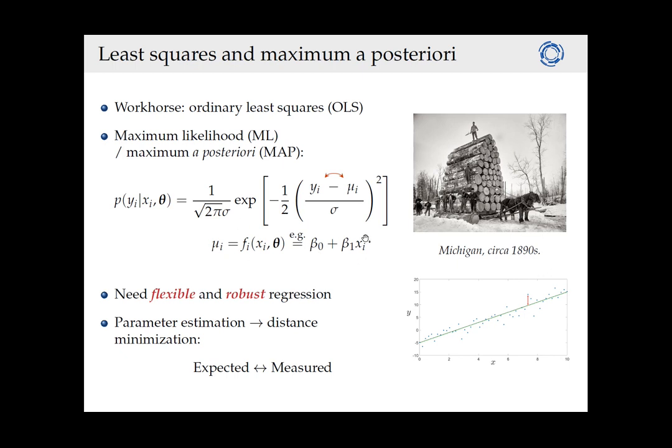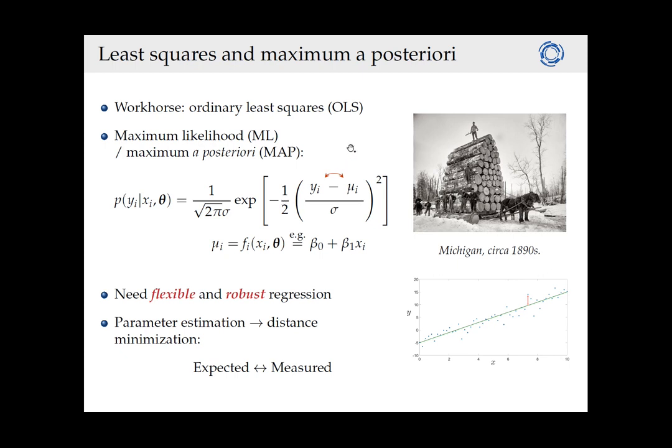This is an example of a very simple linear regression model with one predictor variable and one response variable, and you assume that you have multiple measurements indexed by the letter i. There are also coefficients of the regression model, the betas, which I summarize here by the vector theta. Now, suppose that you have a Gaussian measurement model for the response variable y.